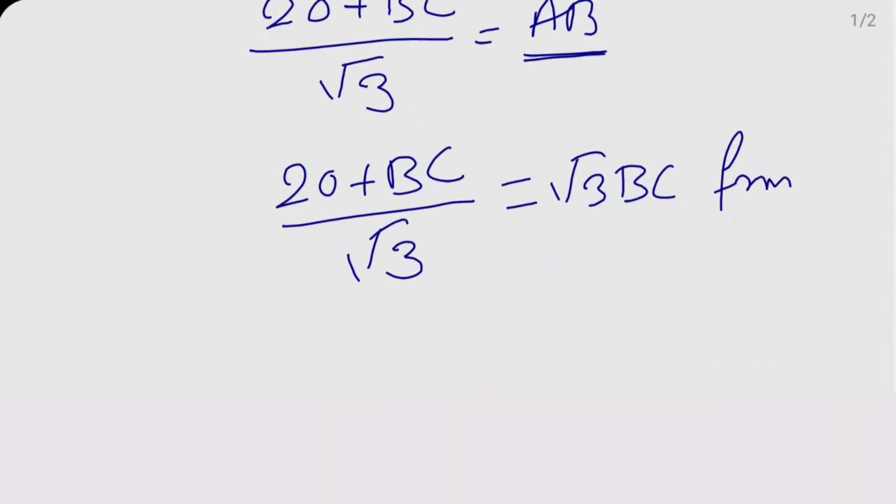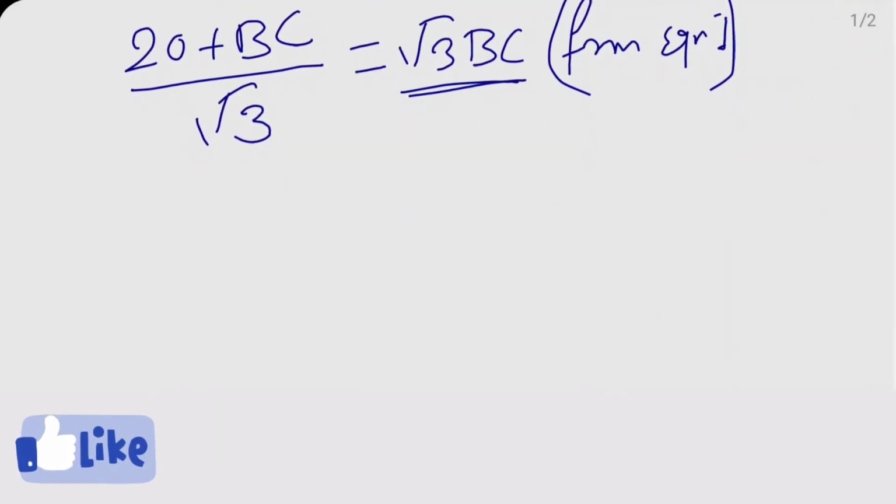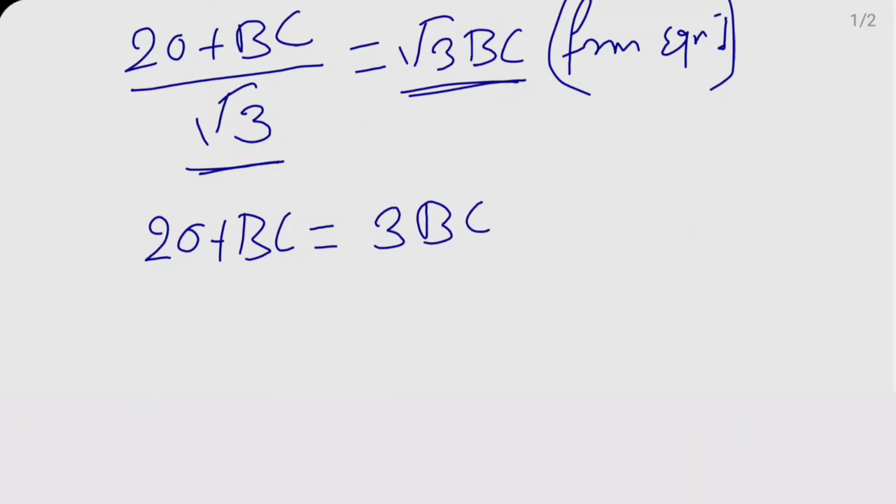From equation 1, AB equal to root 3 BC. And now here 20 plus BC as it is, this equals root 3 goes to the RHS side, it becomes a multiplication, and here root 3 into root 3 is 3 BC.